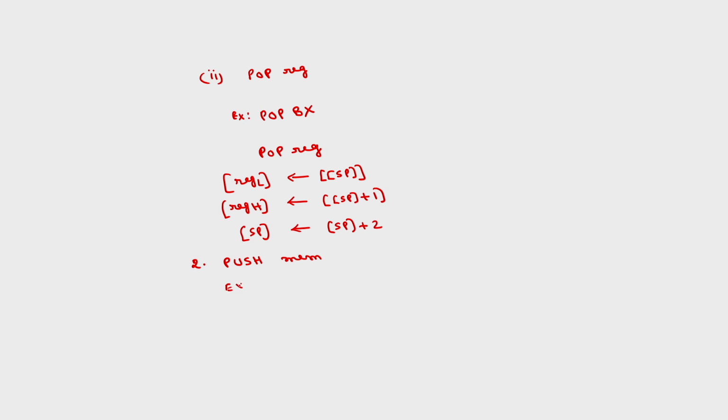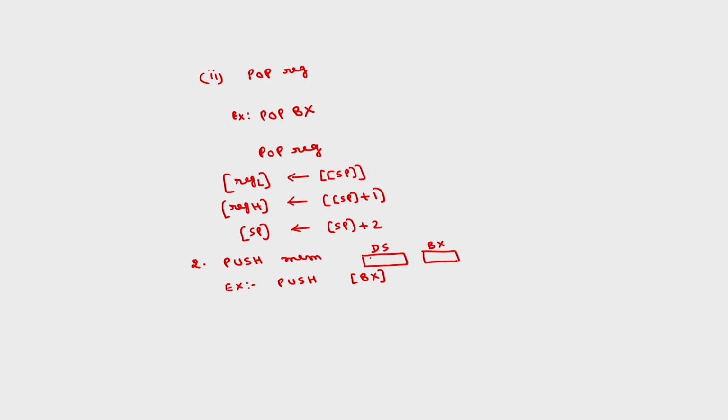If I write the same example, push simply BX. Suppose before this DS is, again in all memory computations, DS is by default the segment register.